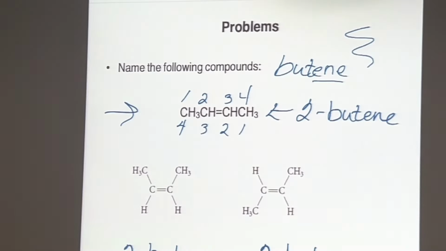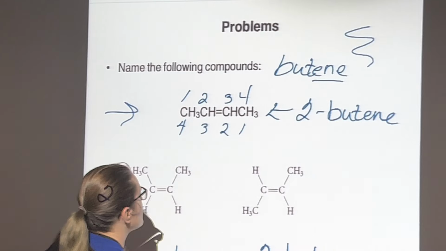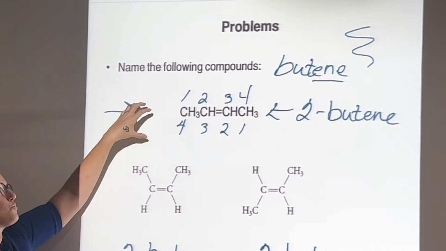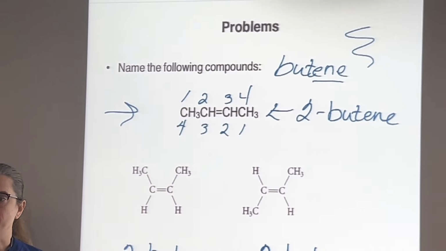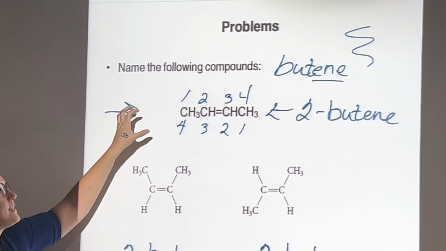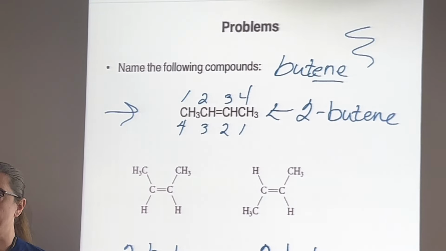Anyways, okay, so here we go. All right, so 2-butene. Why the differences here? So this one up here, it's just drawn in the condensed format, so we can't see spatially where everything is.